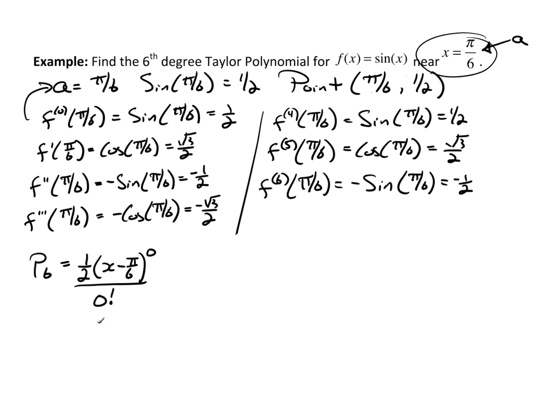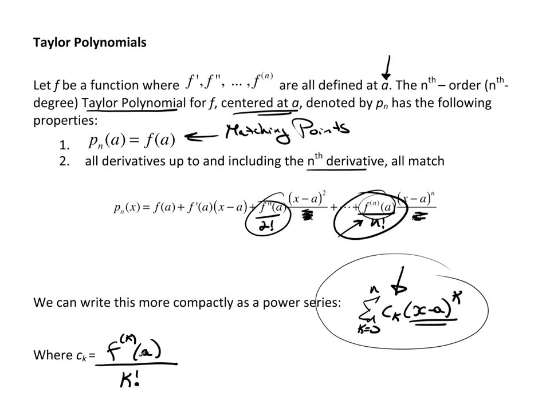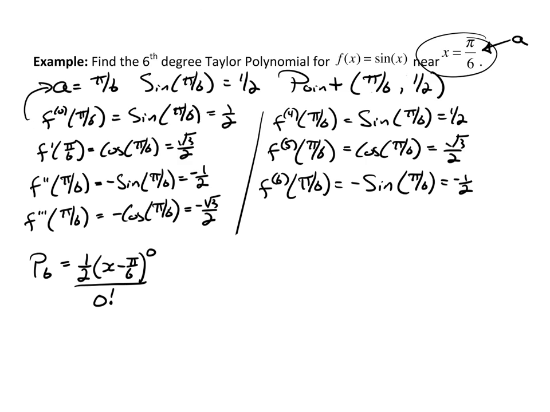I would never write it this way except to show you what I'm doing, because this is just 1, this is just 1, so the whole thing is just 1/2. So all of this can go away. There's no reason to put it there, but I wanted to point that out because it does follow this format. It does follow what the power series said it would do.